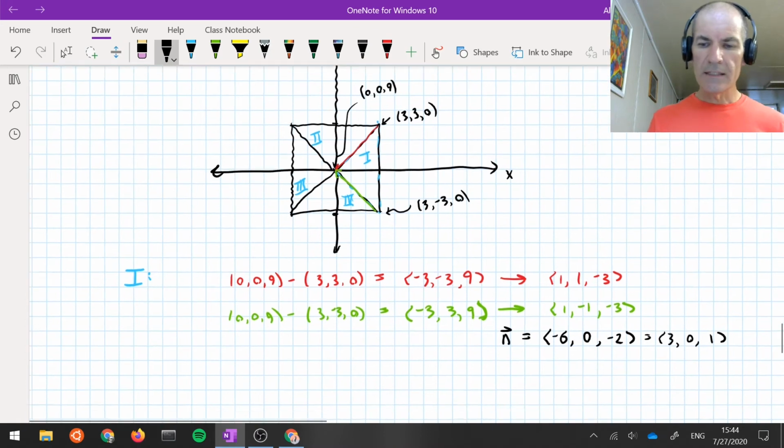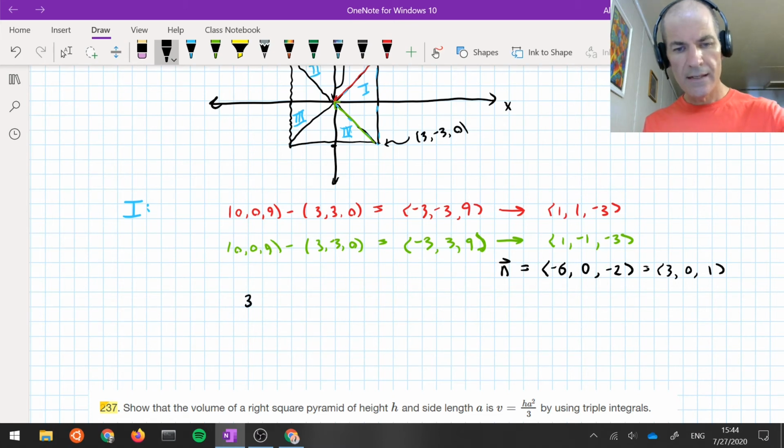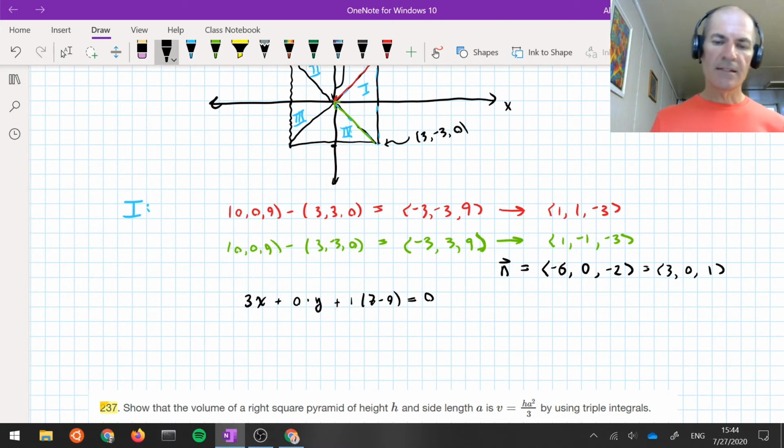That's the normal vector. The equation of the plane is this normal vector, 3 times x plus 0 times y plus 1 times z minus 9 equals 0. That's the equation of the plane.